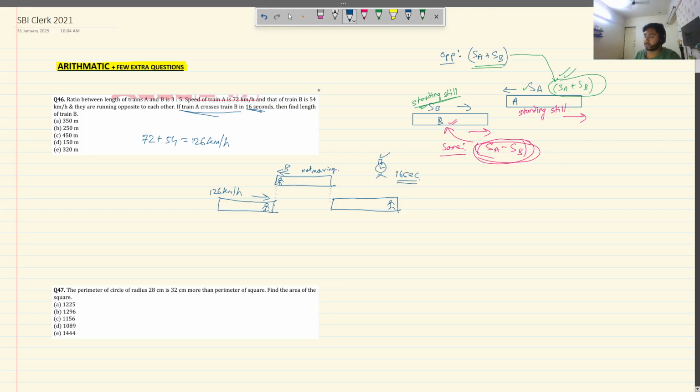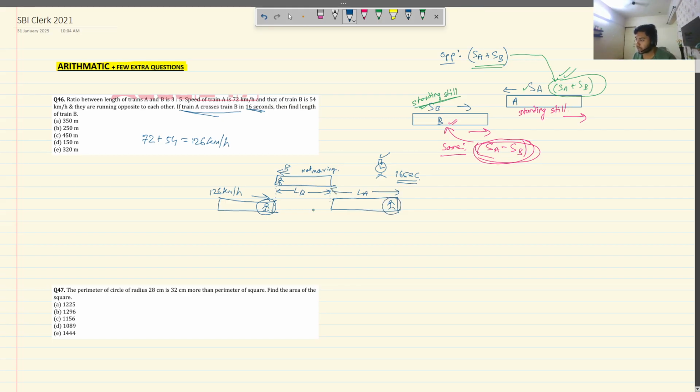This is what it means. So how much distance did this driver cover? The driver of train A has covered this distance, the length of train B, and also in these 16 seconds the driver has reached a distance away from train B which is the length of train A, right?